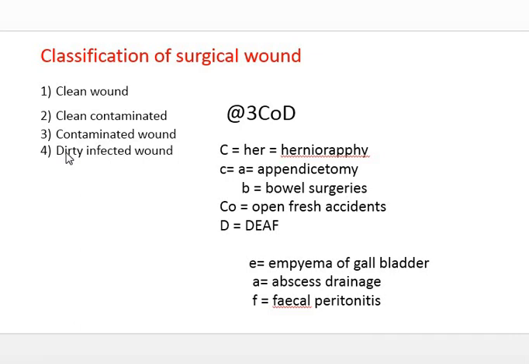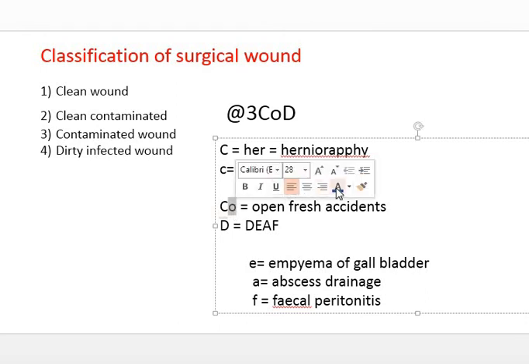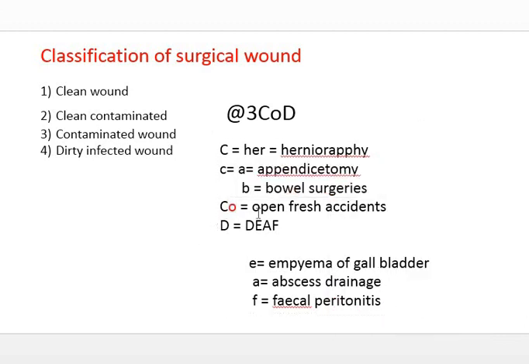Now let's go to the third, that is CO. Here O stands for open fractures, accidents. The important thing you have to remember is the O, which gives you a hint. So CO means open fracture accident. Just remember the O part.